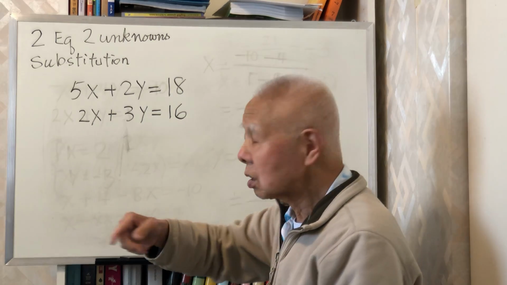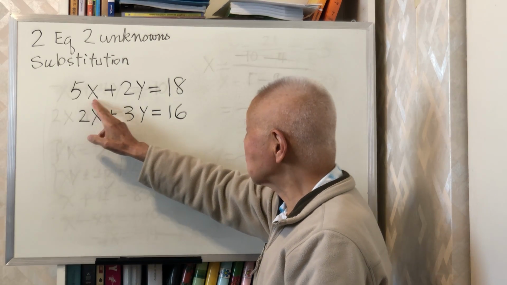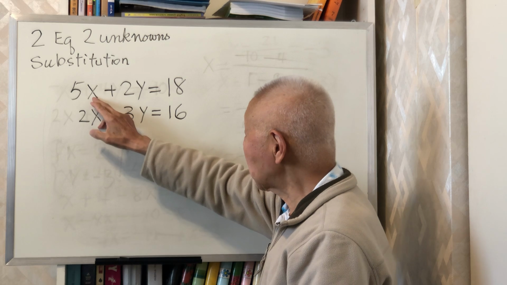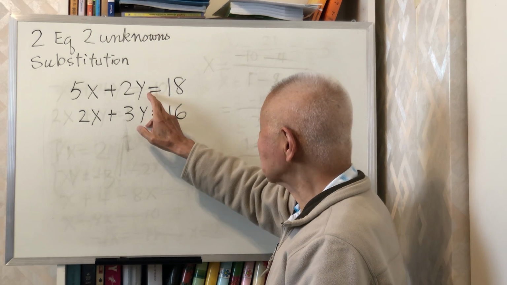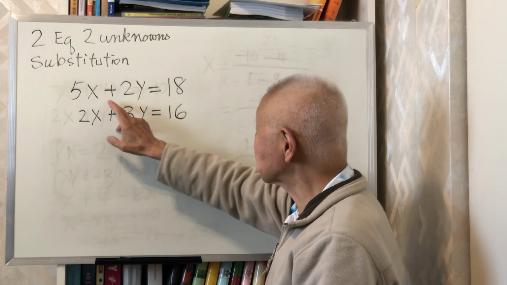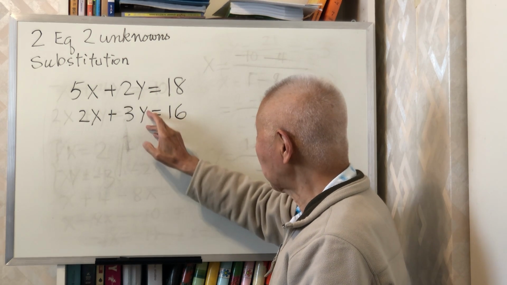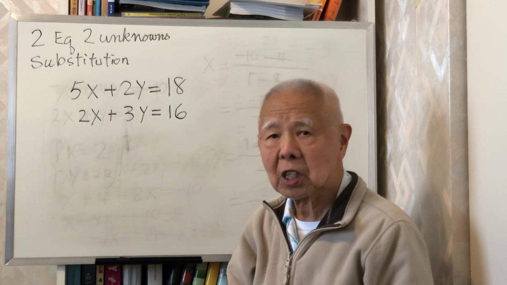You can find x in terms of y and substitute x into this equation, or you can solve for y in terms of x and substitute y into this equation. So it's up to you.